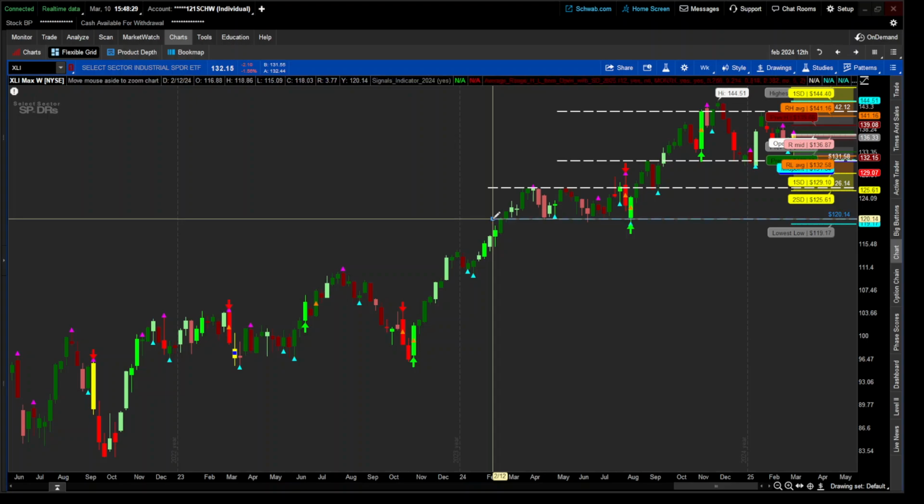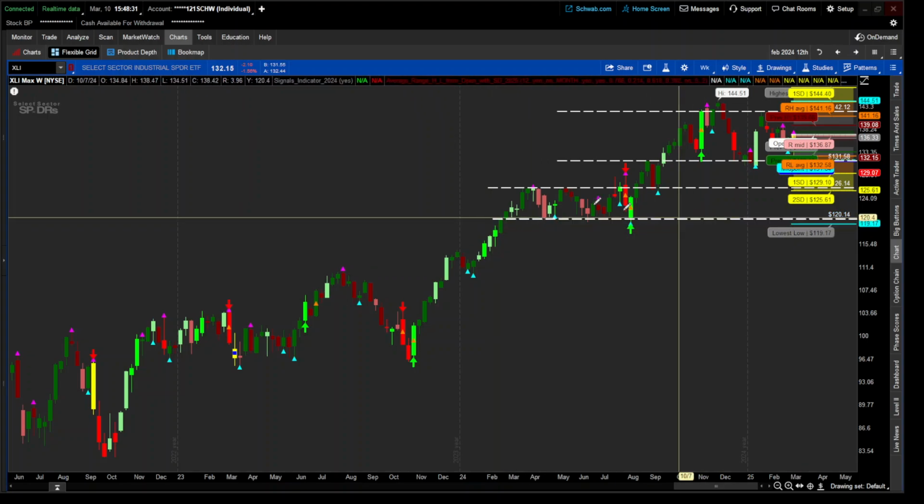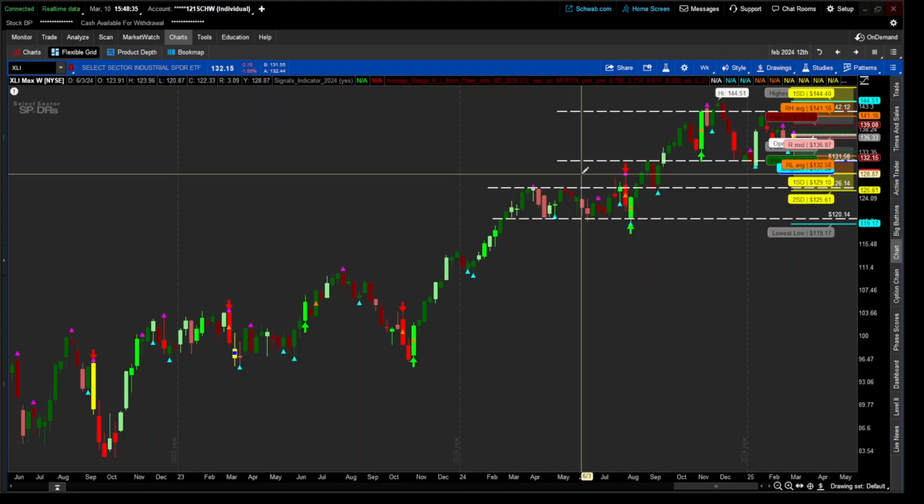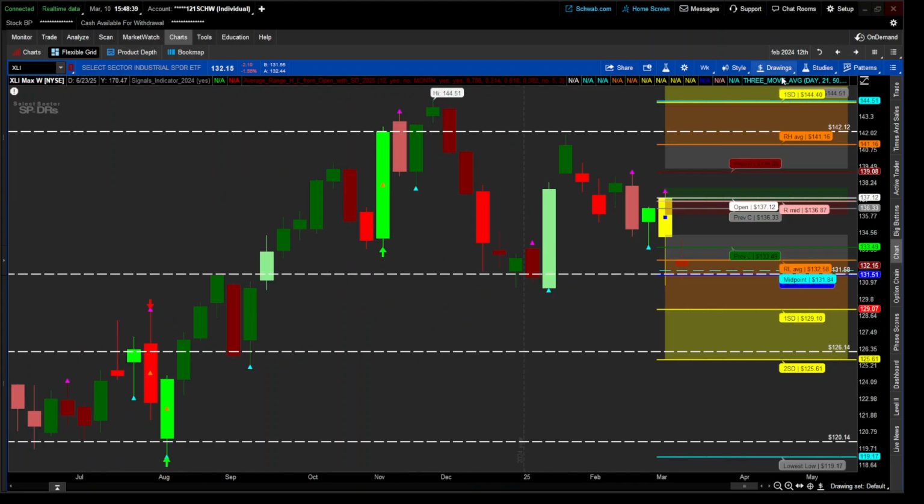So it has another support right there where it was just range trading for those weeks. And that's one of the reasons why I like to look at the weekly charts. It gives you a better definition of support and resistance, in my opinion, especially if you're going long term. So that's XLI.